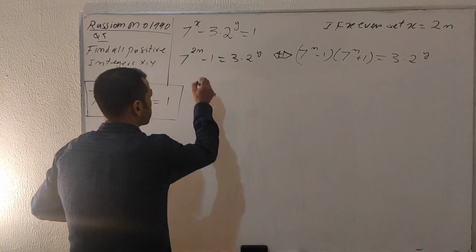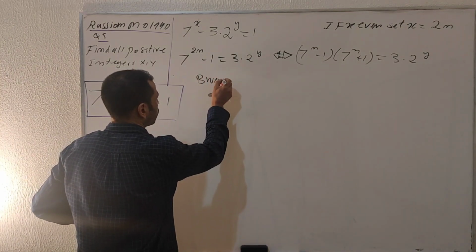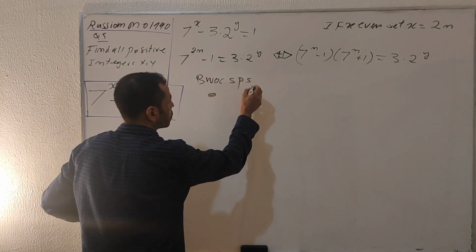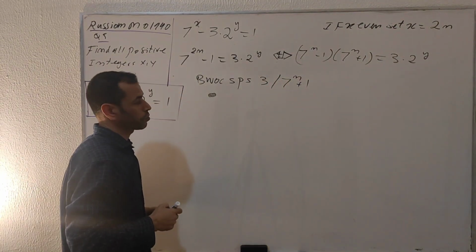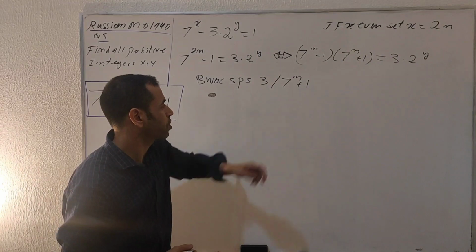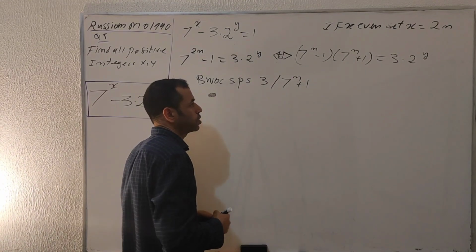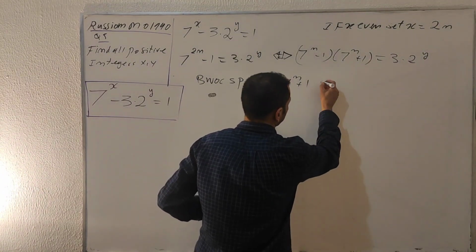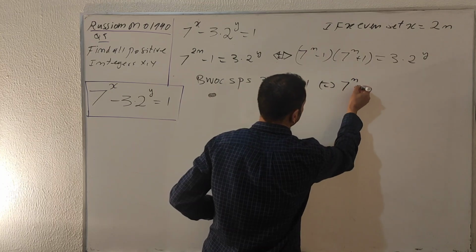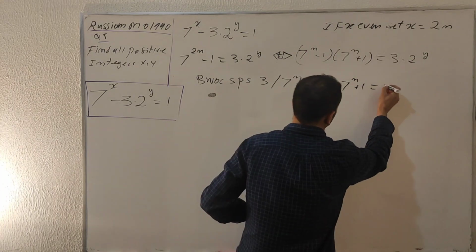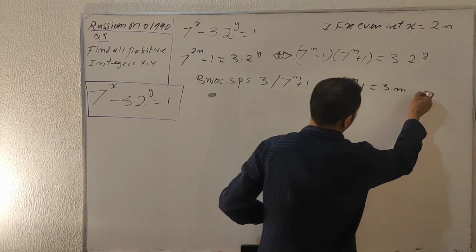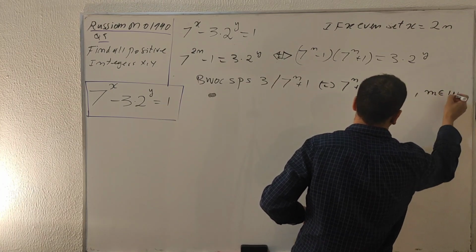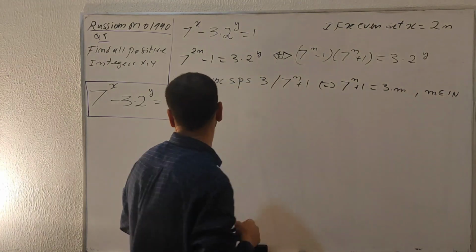At the end we will find the contradiction. So by way of contradiction, suppose 3 divides 7 to the n plus 1. According to the divisibility statement, I get 7 to the n plus 1 equals 3 multiplied by m, where m is a natural number, or positive integer, it will be the same thing.